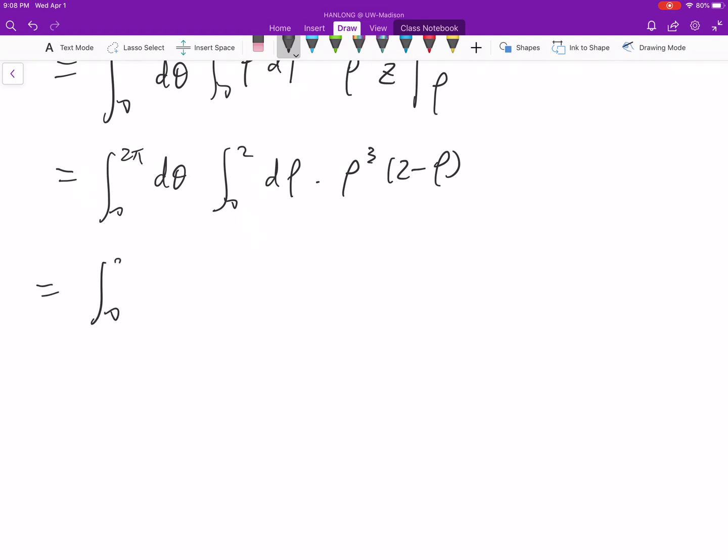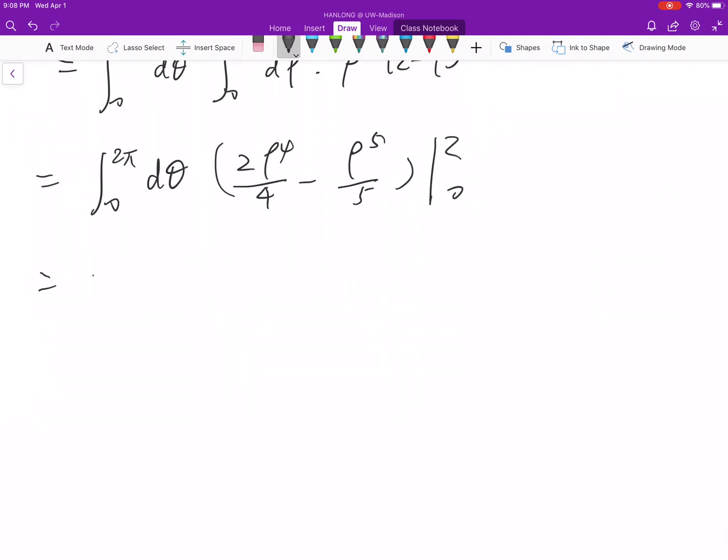This is 0 to 2 pi d theta, and 0 to 2 of rho to the 4th over 4 minus rho to the 5th over 5. And then you have 2 pi times 32 over 8 minus 32 over 4, 32 over 5.